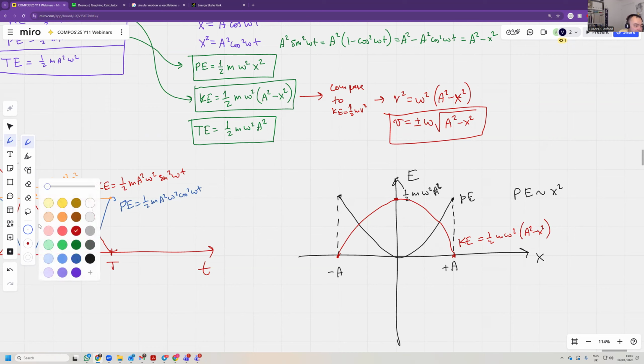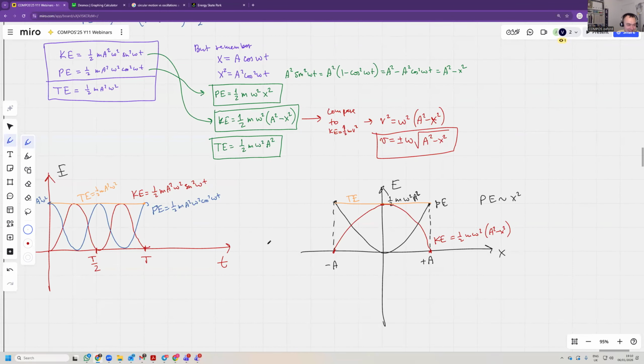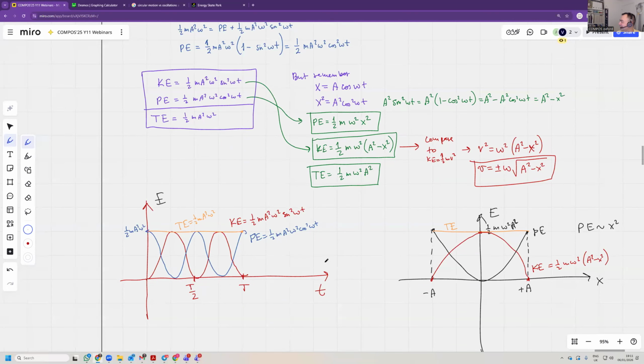And the total energy is a horizontal line. Total energy, which is quite interesting in my world, of course.